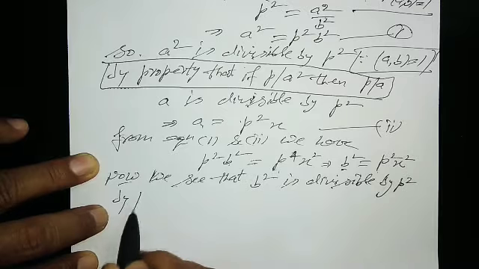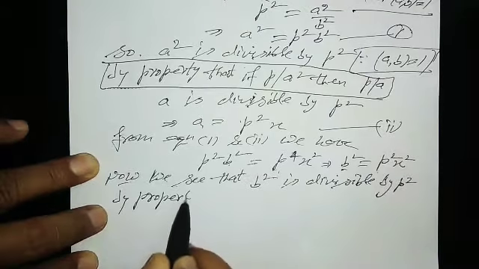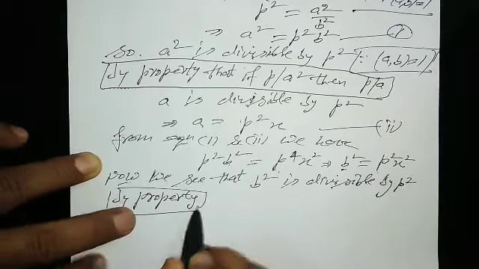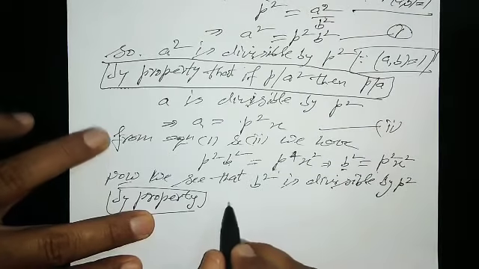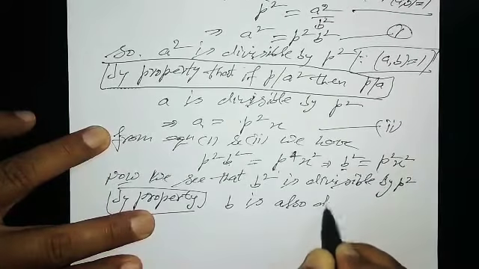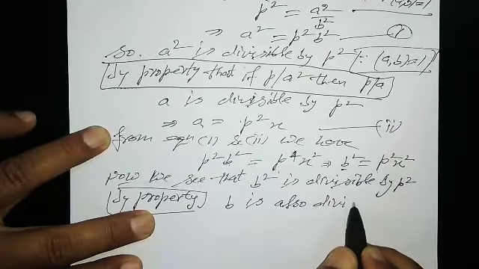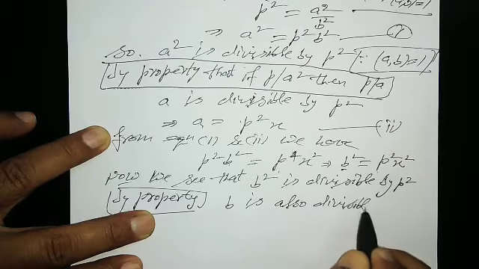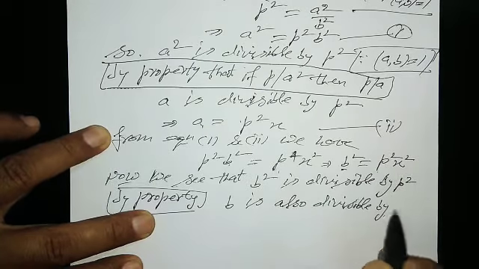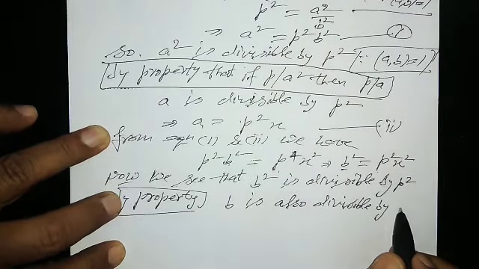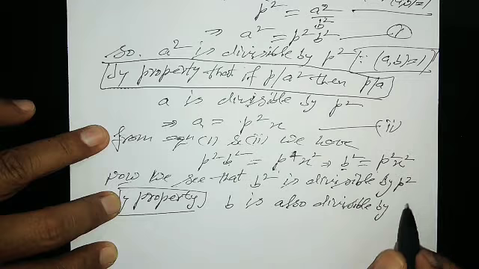Again by property, b is also divisible by p.